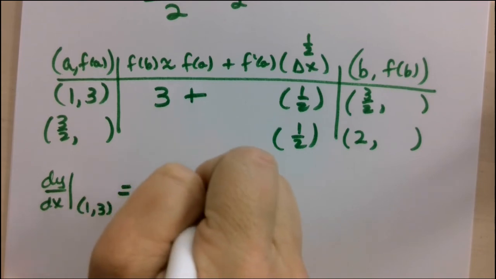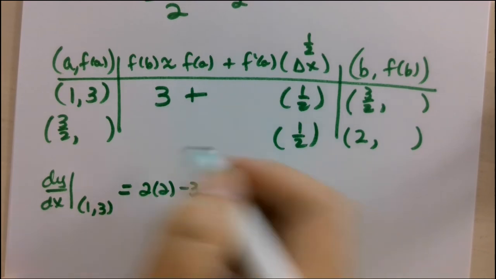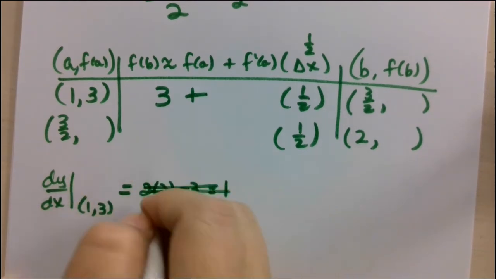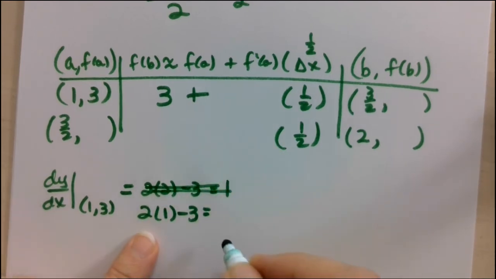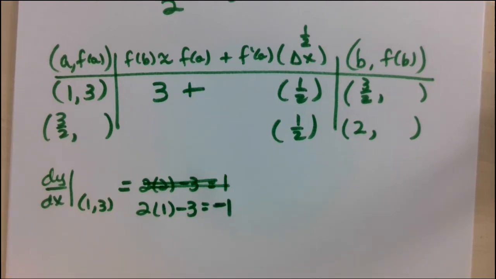So 2 times 1 minus 3. Whoops, sorry, I was already multiplying it out in my head. So that equals -1. Sorry about that.